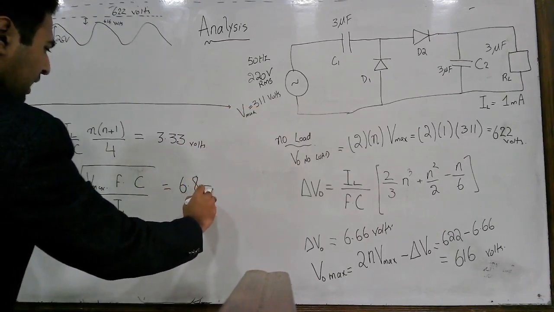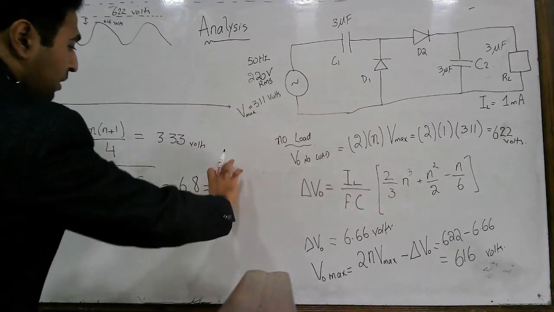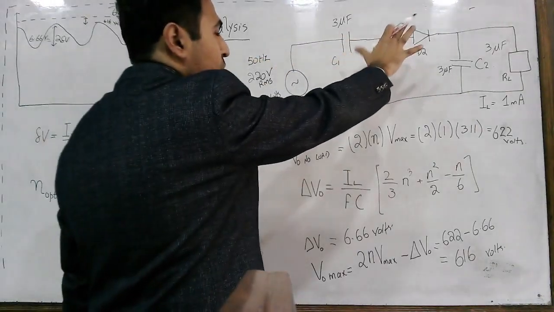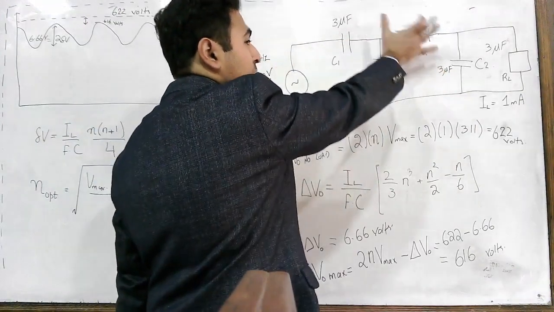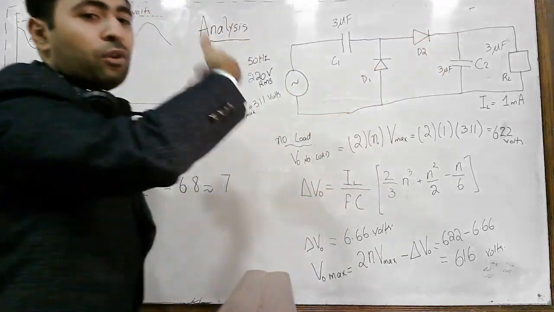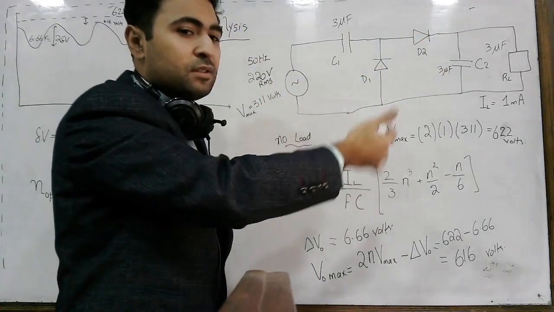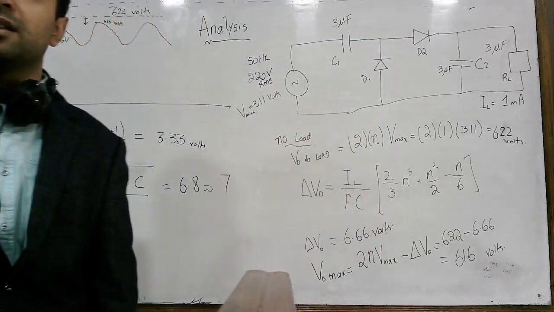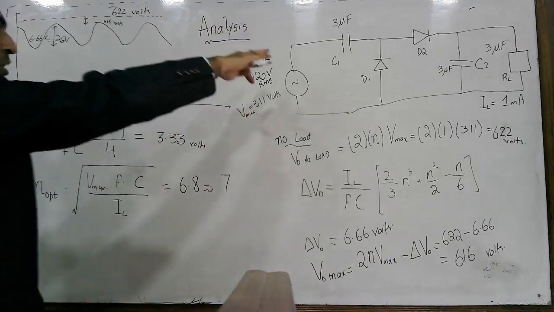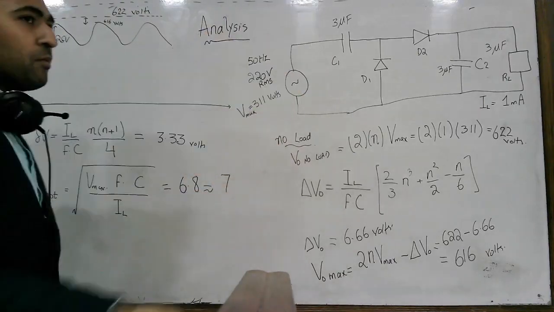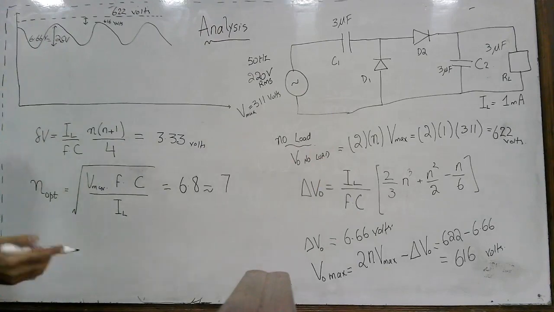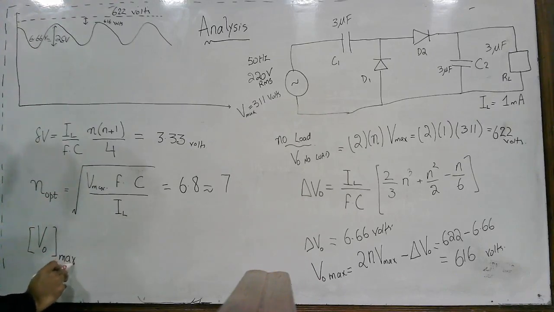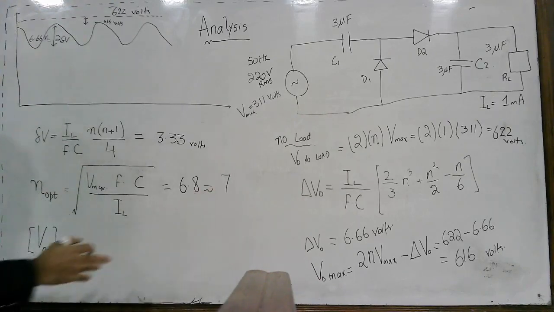So we will decide that you can go up to 7 stages. You cannot go for 8 or 9 stages, because in that way you will not be able to increase the voltage. Rather, if you make more than 7 stages, your output voltage will decrease. So what is the maximum V output you can achieve with 7 stages?